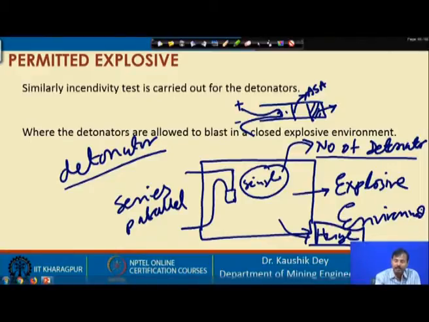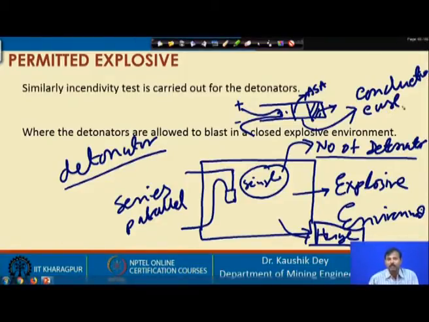To reduce the heat, a conductive material or case is used as the outer part of the detonator.